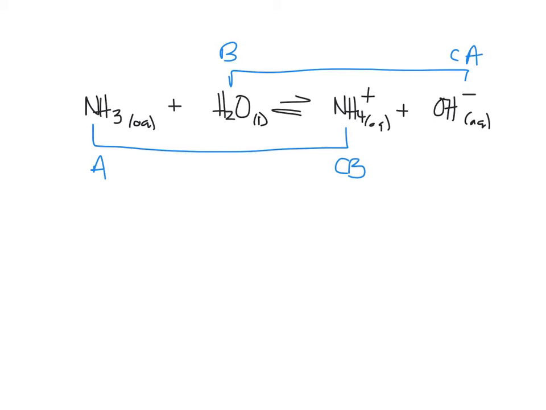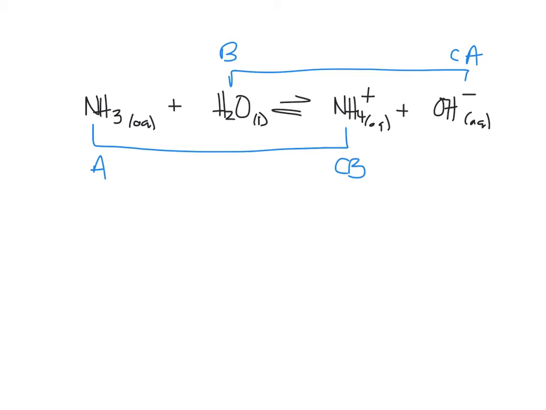Okay, so my question to you is, what happened to ammonia? What happened to NH3? It gained an H. So does that make ammonia an acid or a base if it gained an H?